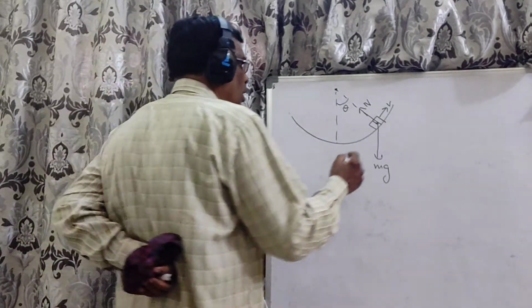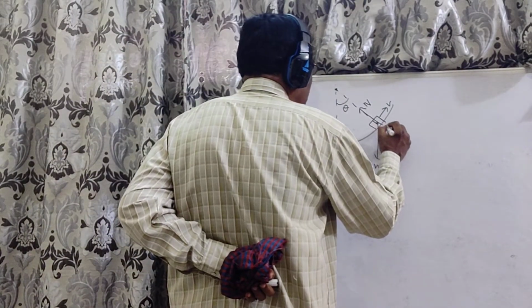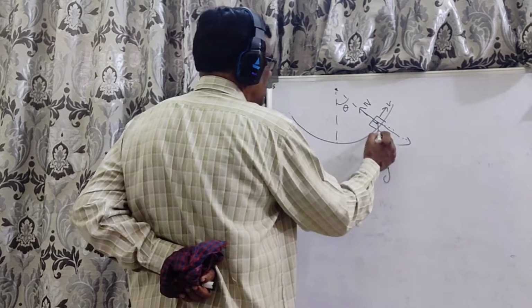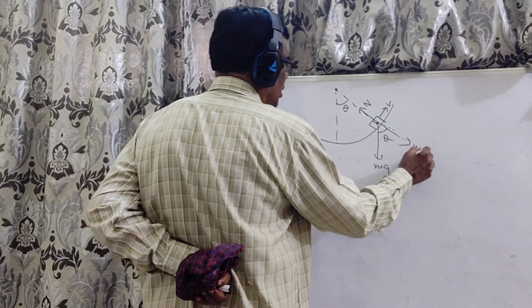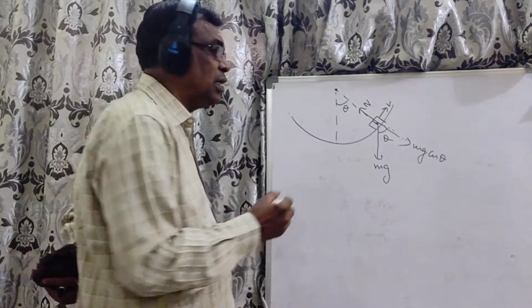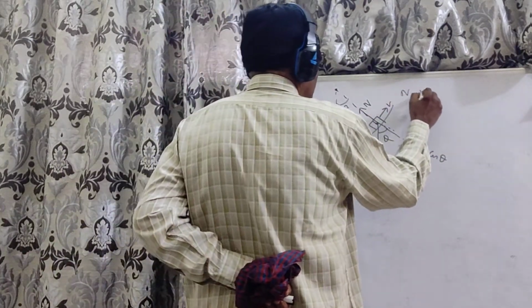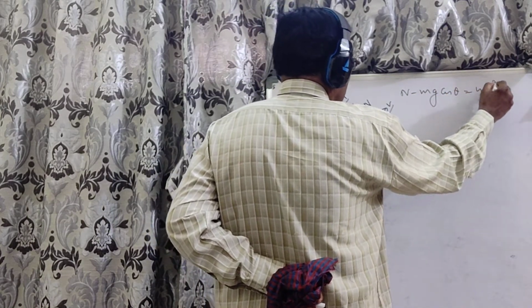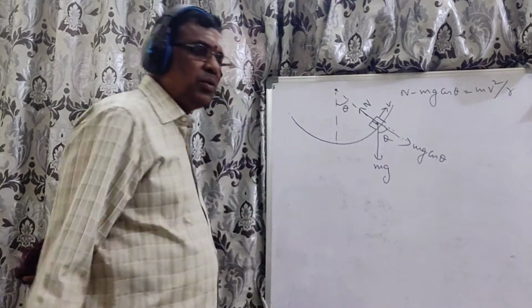Now, if I take the component here, mg, this is also theta. What is the centripetal force here? N minus mg cos theta, and that is equated to mv square by r.